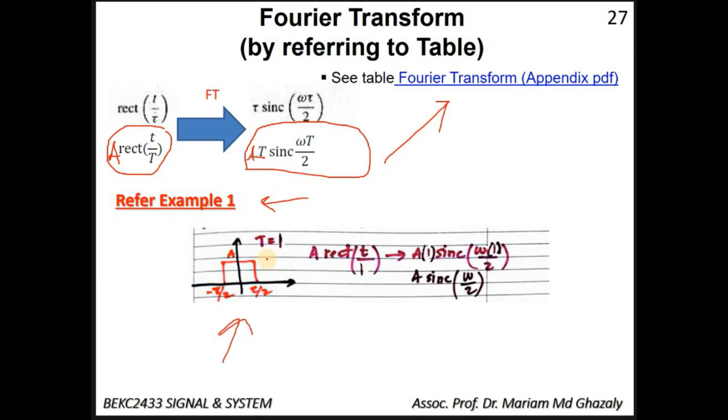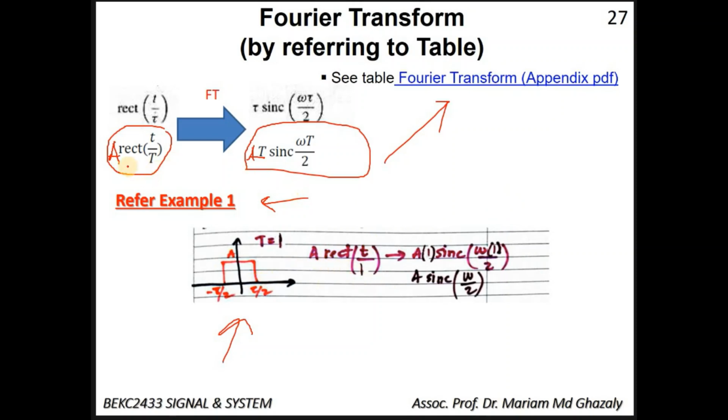You have the rectangular signal here with amplitude A from minus tau over 2 to tau over 2.